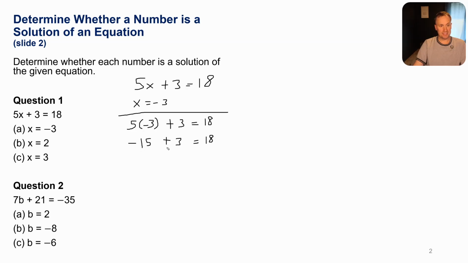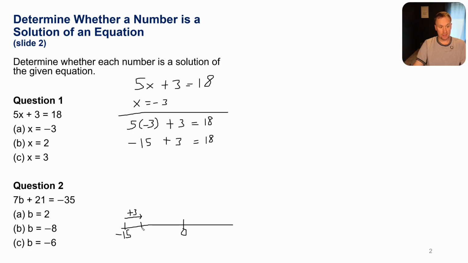Now, -15 plus 3 becomes, well, think about it this way. If we're thinking about it in terms of money, we have -$15, and we're adding $3 to our bank account. If I draw my number line here, I start at -15 and go to the right on the number line 3 units.